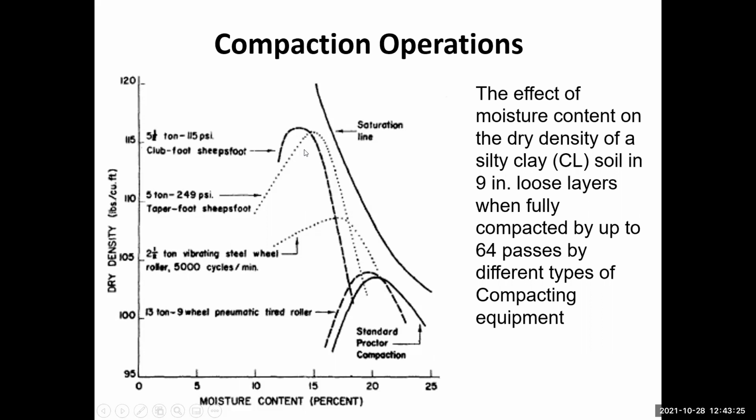Here we have the club foot sheep foot roller and the taper foot sheep foot roller. So we achieve different moisture contents, which are different than the standard Proctor compaction test.